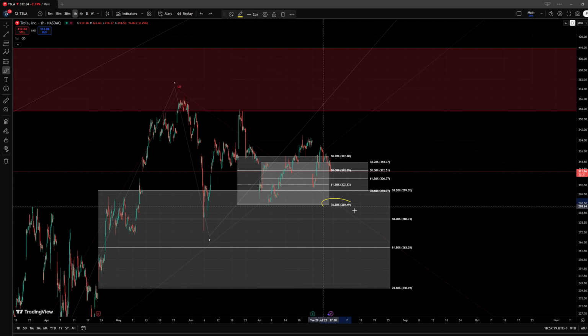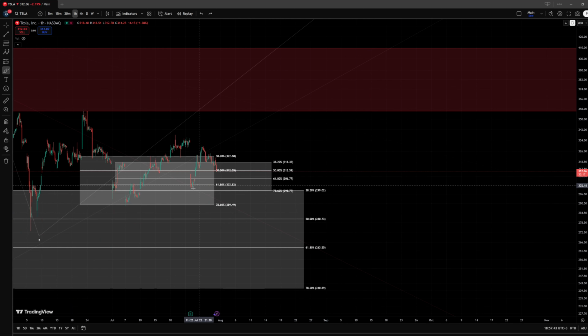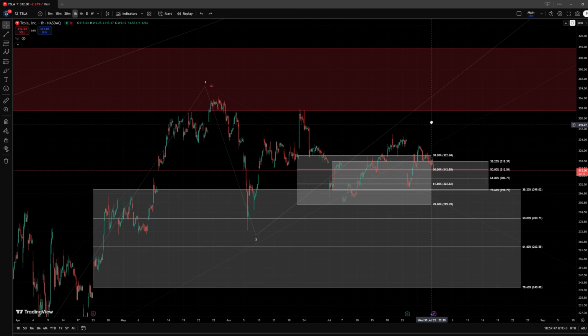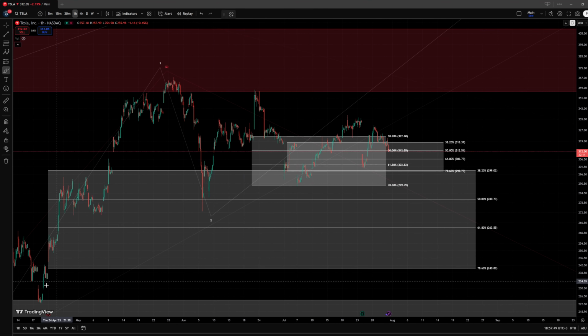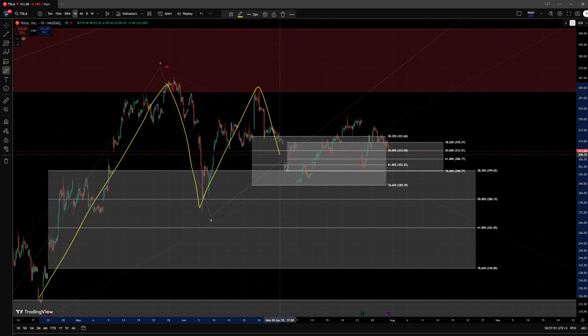We reacted very nicely to the 78.6% retracement, and then I provided you another 1-2 setup after we topped in this region, with another support zone for that as well. Again we formed another 1-2 setup, and we are already at the fourth 1-2 setup, like 1 2 1 2 1 2 1 2.